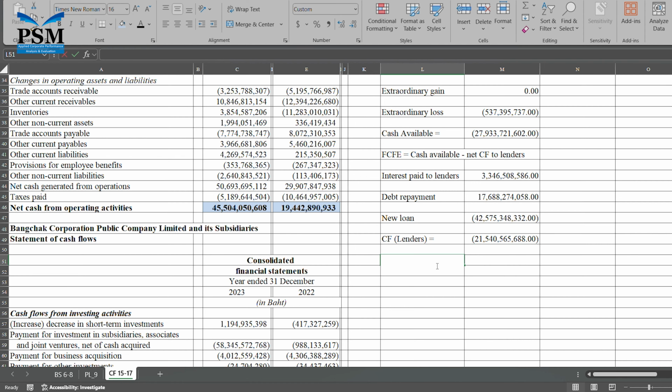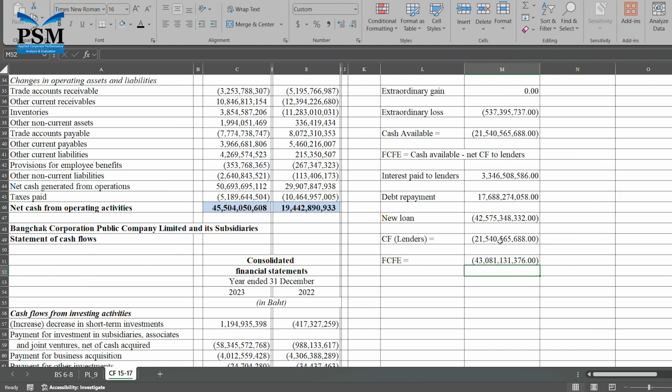With that number, we can now calculate the FCFE, which is the cash available plus the cash flow to the lenders. You get the total amount: interest paid, plus the debt repayment, plus the new loans. FCFE equals cash available plus cash flow to the lenders. It's also negative 43 billion.